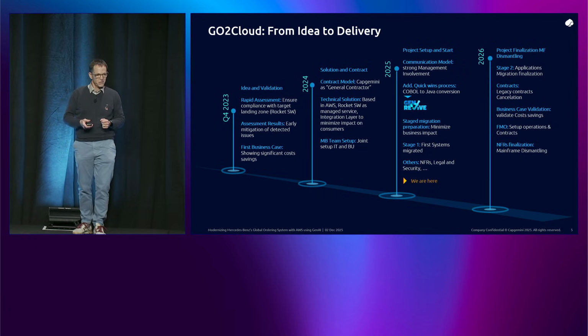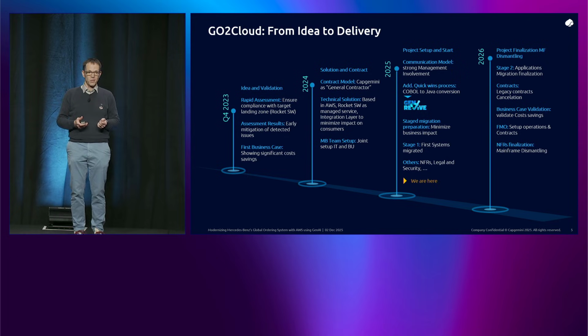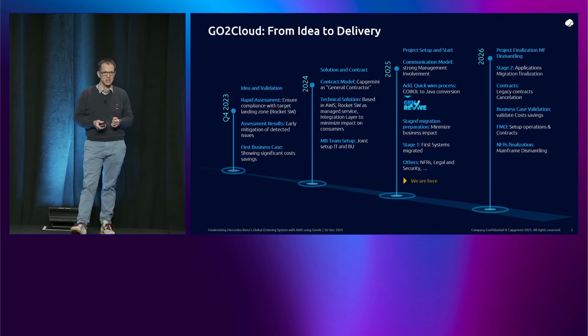How did we tackle it from a team perspective? So in the end, we decided for Capgemini to be our general contractor. So as you can imagine, and as we will show later, there's a whole team and a whole number of partners that are acting together here to make this happen.